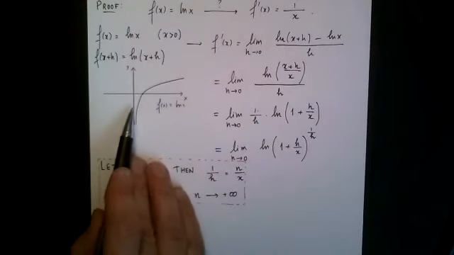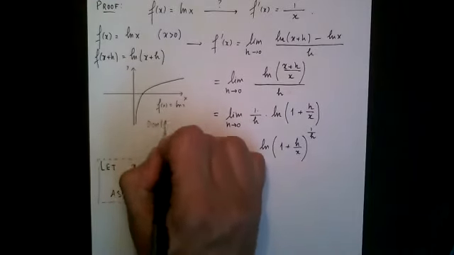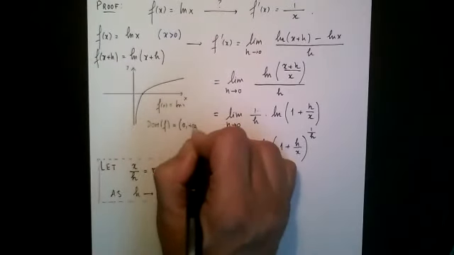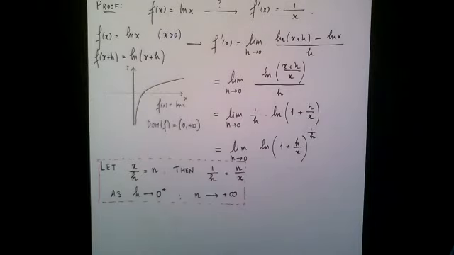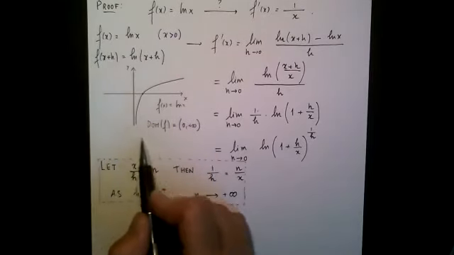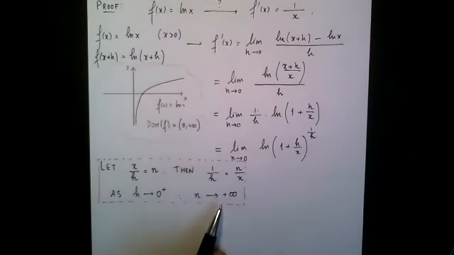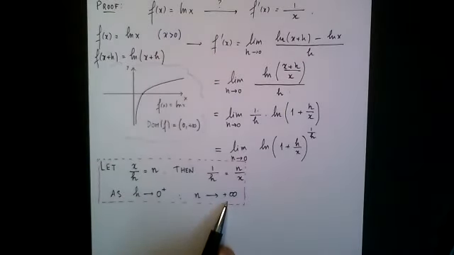The domain of f is from 0 to positive infinity, not including 0. So that's why x is positive, and that's why this is approaching plus infinity. Is that okay?